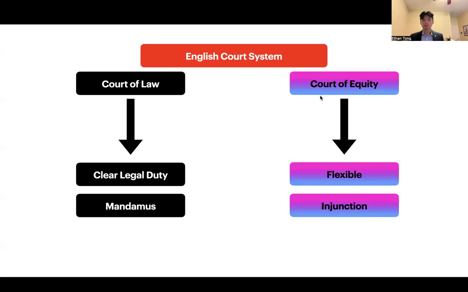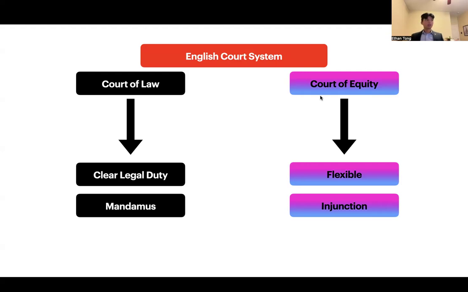Courts of equity are for people to receive full recompense, full restitution for whatever they've lost. The word equity really means full equality, bringing somebody back to wholeness. So when we think about courts of equity, we think, if money can't solve your issue, maybe a court of equity could solve it because it's more flexible.